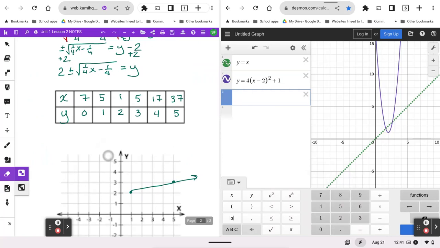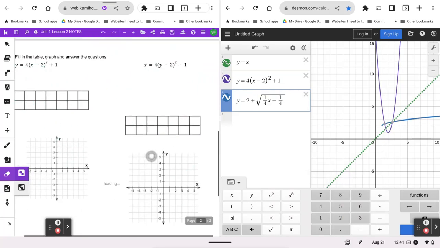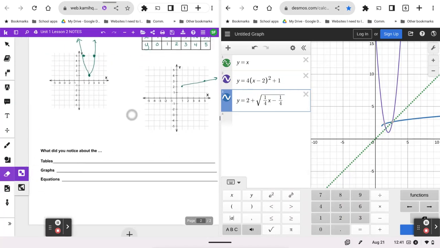So Y equals 2 plus the square root of 1/4 X minus 1/4. And here we graph it, and we can see that it does also flip if we restrict it. And then when you answer the questions on the bottom, it's the exact same thing from the previous one. All right, good luck.